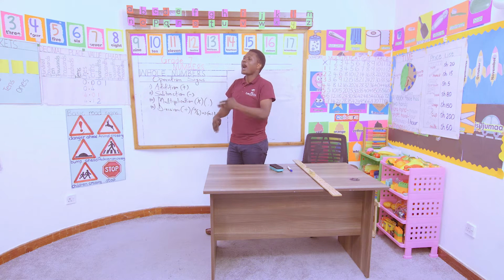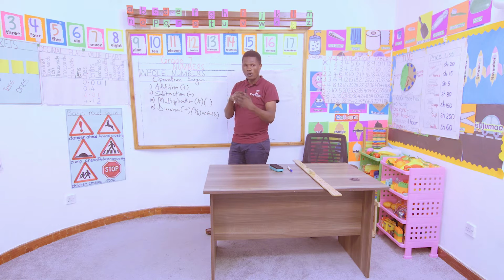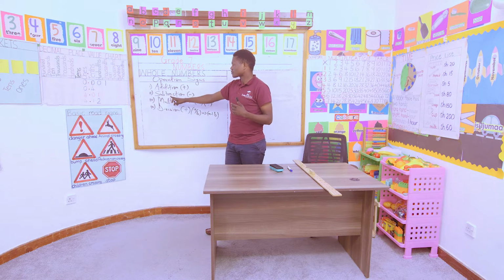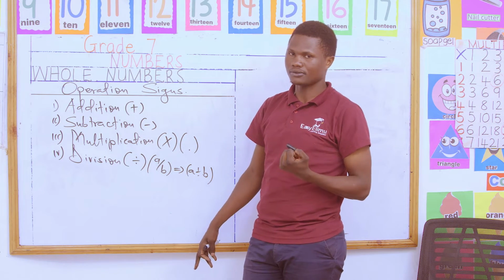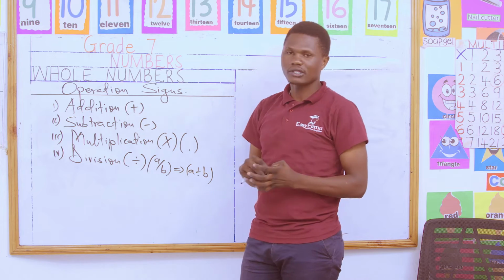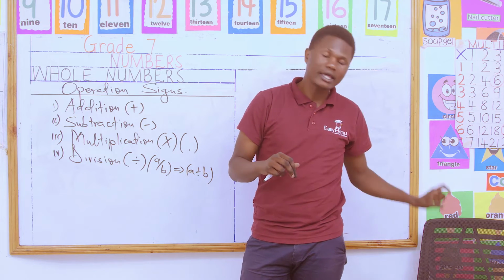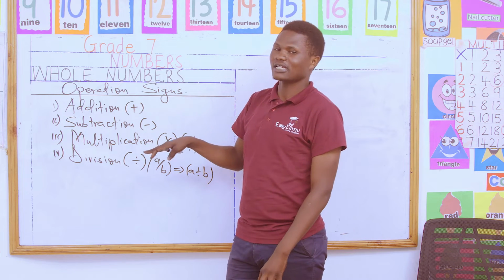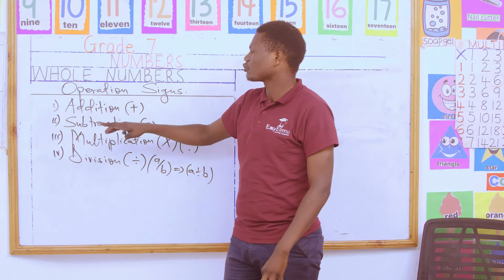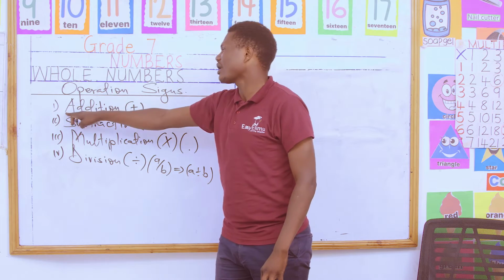In other words, how else can you know that you're supposed to add, subtract, multiply, or divide in an exam situation? That brings us to the words that examiners use instead of the word addition.